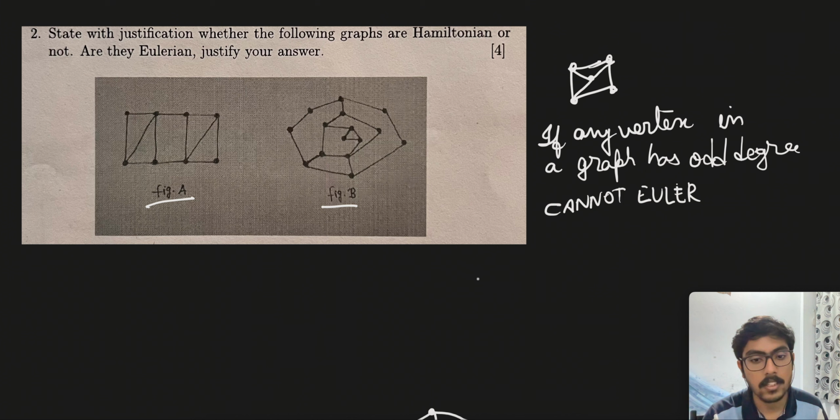So a Hamiltonian circuit is a circuit in which all the vertices of the graph are visited at most once. It's not at least, it's at most once.